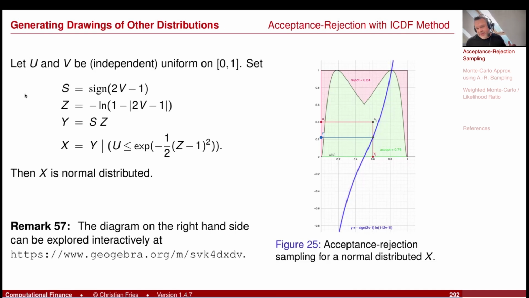Then you have this acceptance and rejection criterion. You sample another point, and if the point is in this region, you accept the sampled point, and if the U is in this region, then you reject the point. So actually, you sample a tuple, a sample from two dimensions, to get a one-dimensional vector.